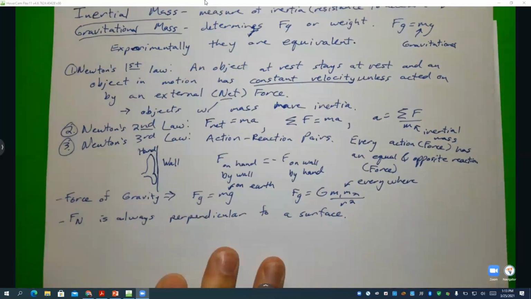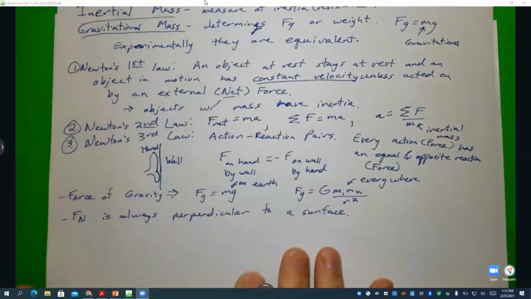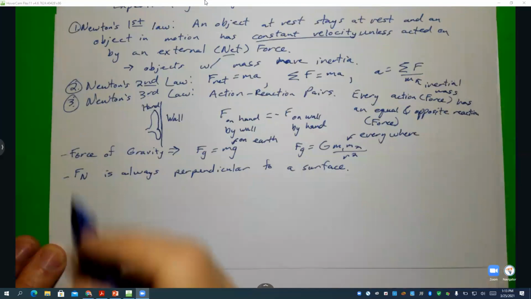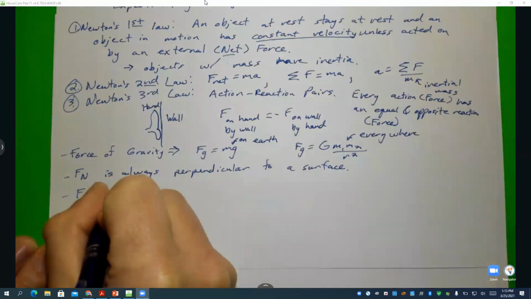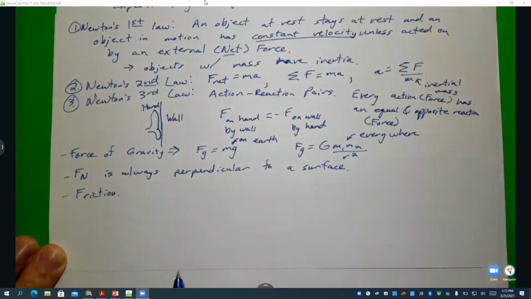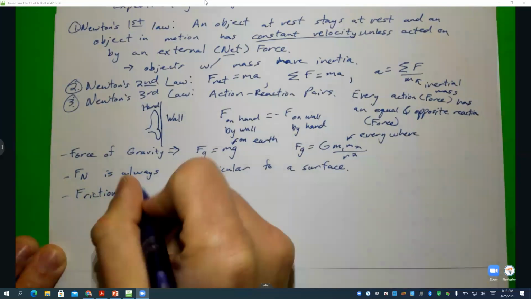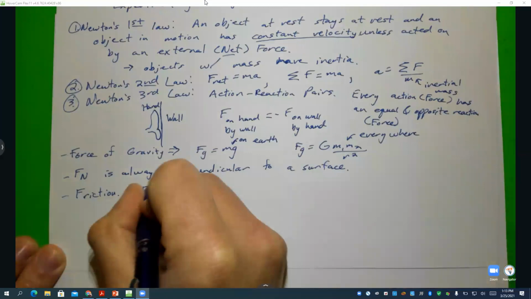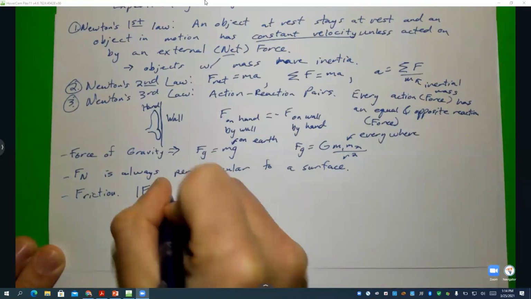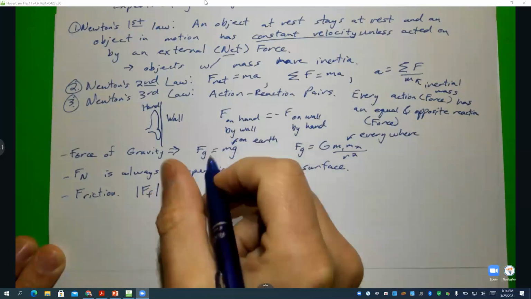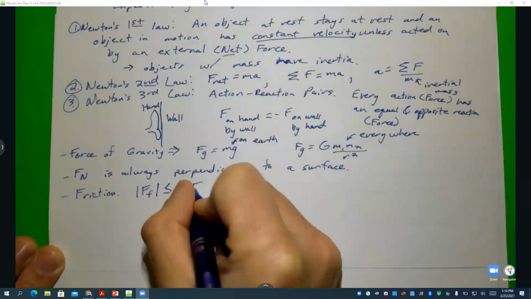Another good thing. I'm going to do a few things on friction. So remember, friction is actually written on your equation sheet as mu times normal force.